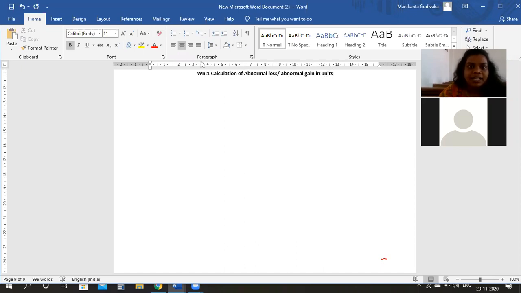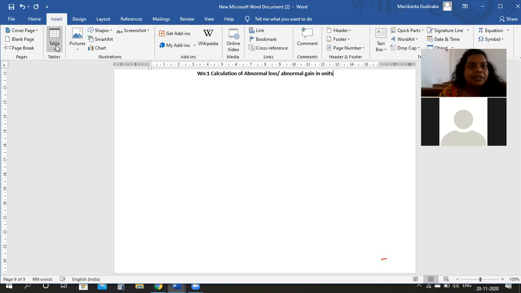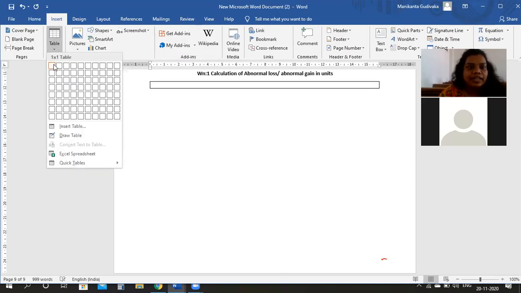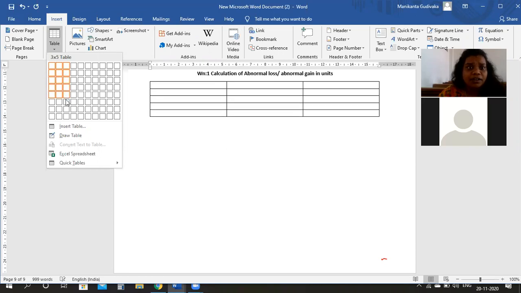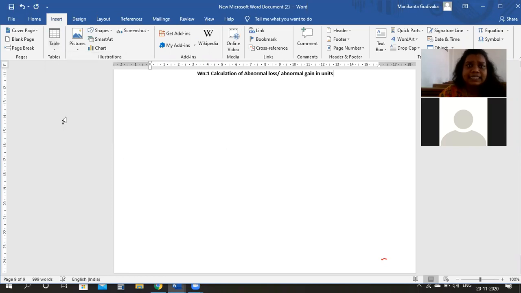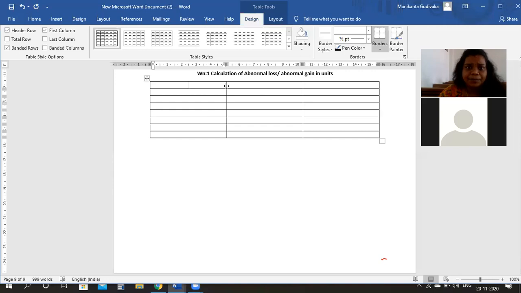Now tell me guys, if you can tell me the pro forma, what are the things which we will get? It will be easy for me. I have two process accounts, so I'm taking one particular column followed by two columns, one column for process A and one column for process B. Clear?